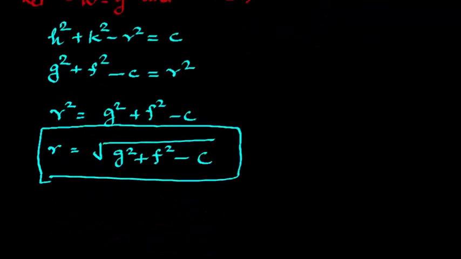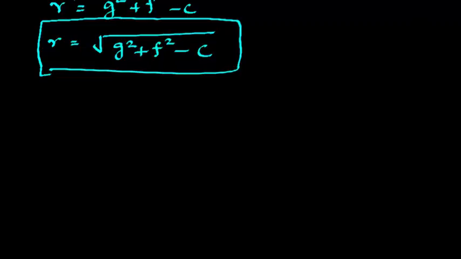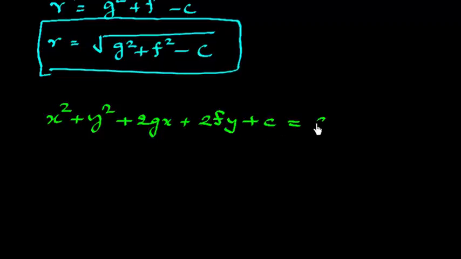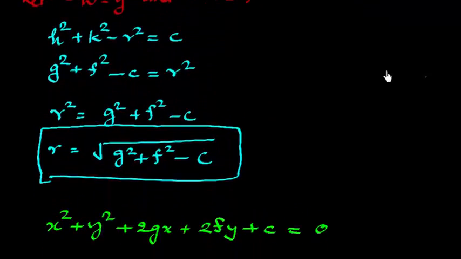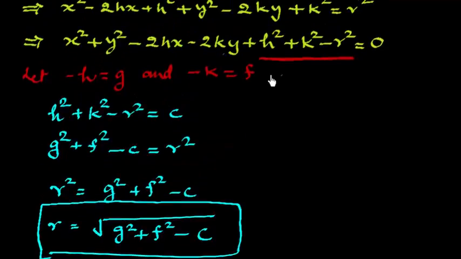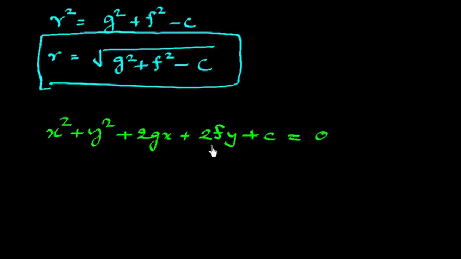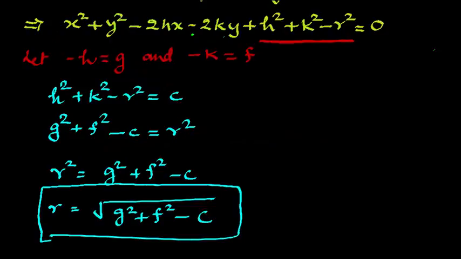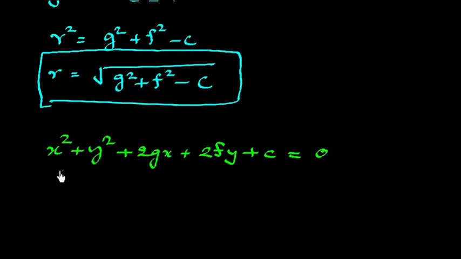So finally we get this equation: x square plus y square plus 2gx plus 2fy plus c is equal to 0, because instead of minus h, we have put g, and instead of minus k, we have substituted f. Instead of h square plus k square minus r square, we have substituted c. So this is our general form of the equation of a circle.